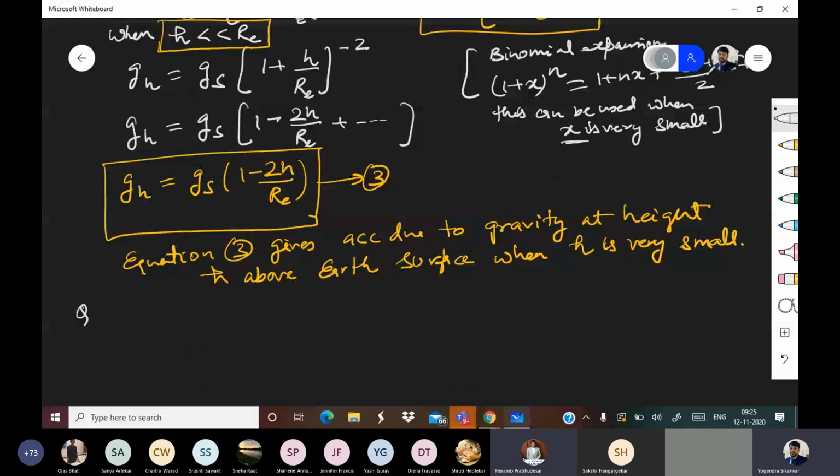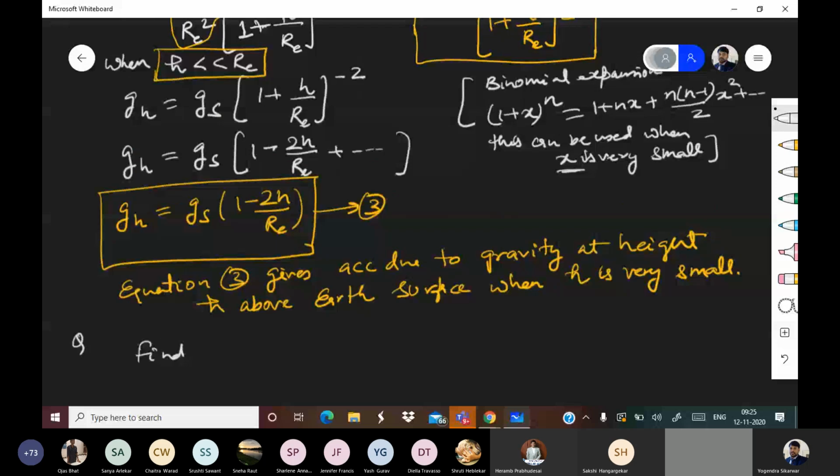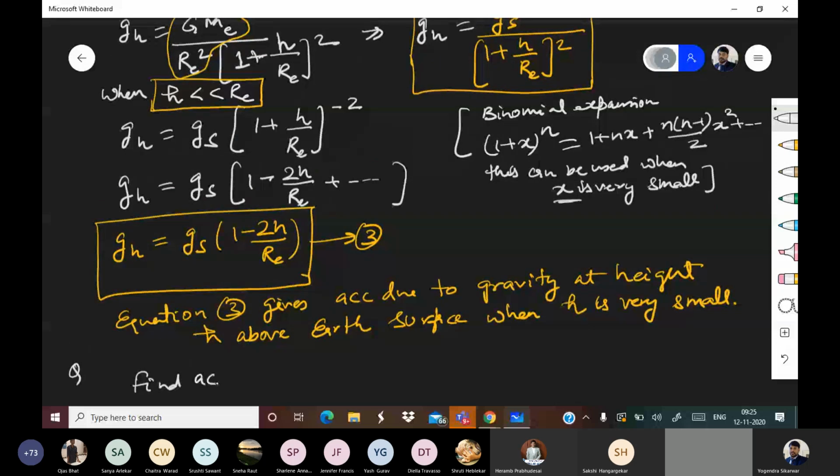Question: find acceleration due to gravity at height 5 kilometers above Earth's surface.